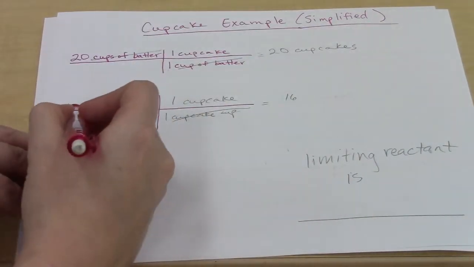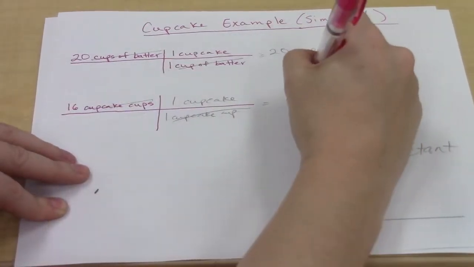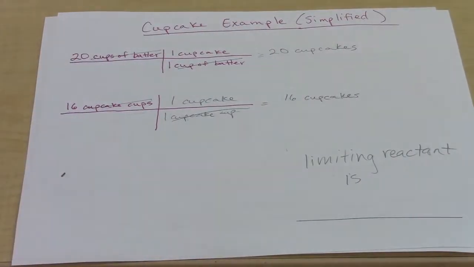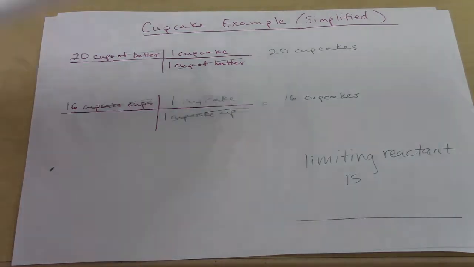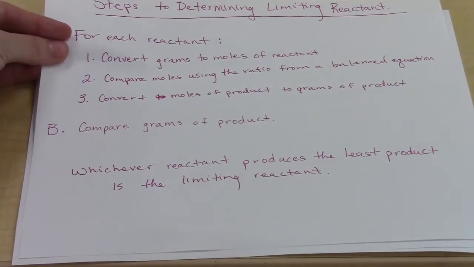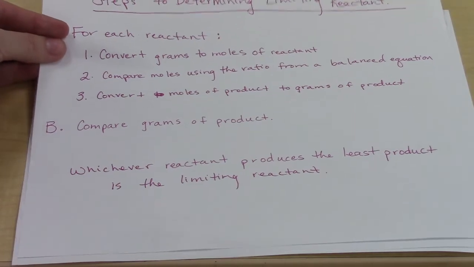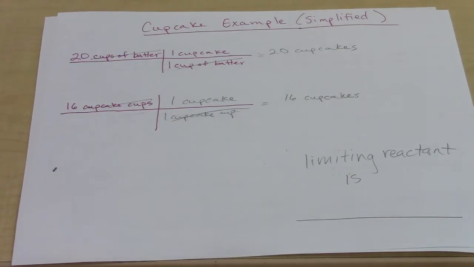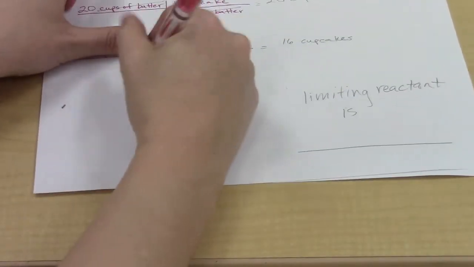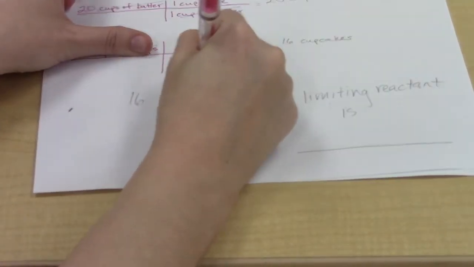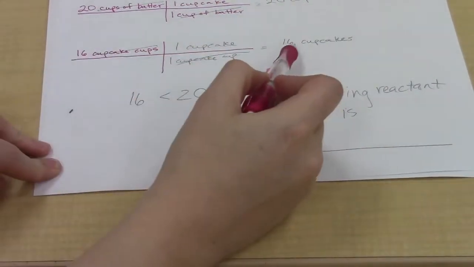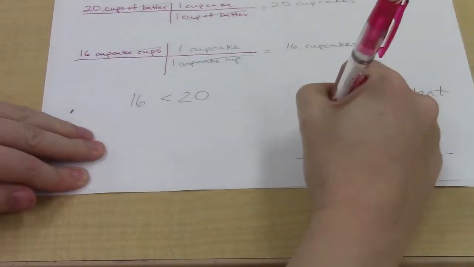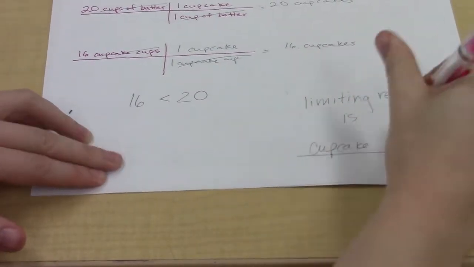So with 16 cupcake cups and unlimited batter, I can make 16 cupcakes. Fantastic. Then my instructions tell me to compare grams of product. Whichever reactant produces the least product is the limiting reactant. And since 16 is less than 20, then the reactant that had 16, the number of cups, so our limiting reactant is cupcake cups.